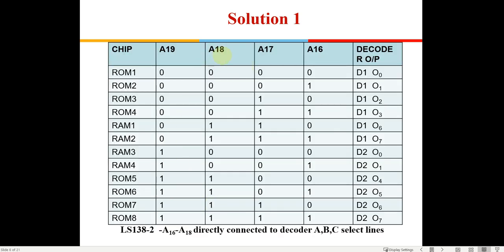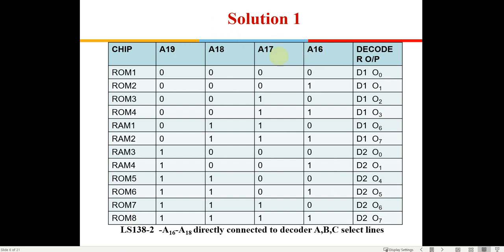Now for this particular solution for our problem, we require two ROMs and one RAM, right? So we need to assign these outputs. In this case, we just have to assign unique values for all these different ROMs.